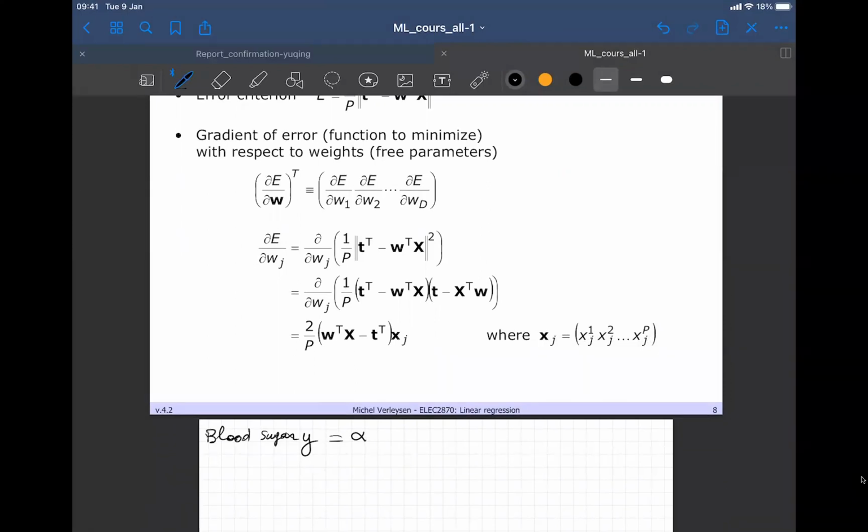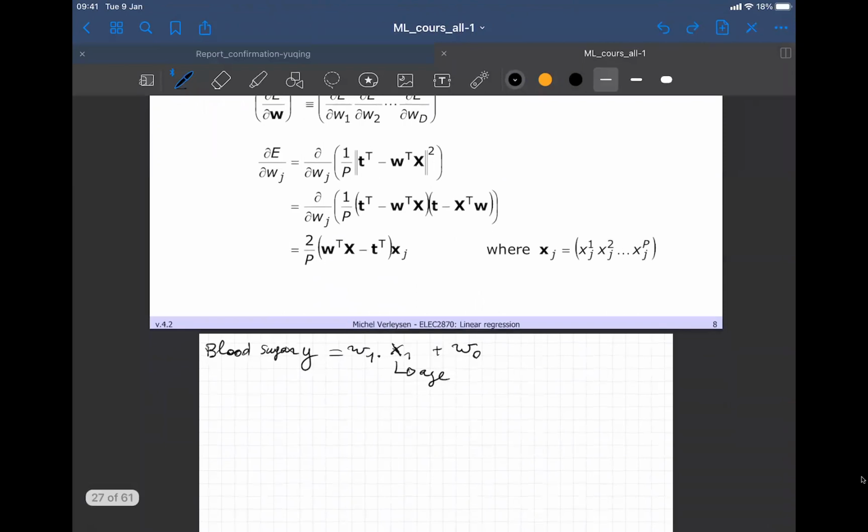So it's W1 times the age plus, to make it very simple, just some bias W0. The bias is a constant term of the linear regression.